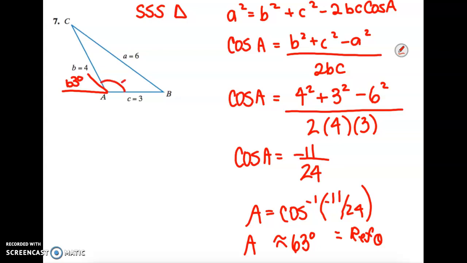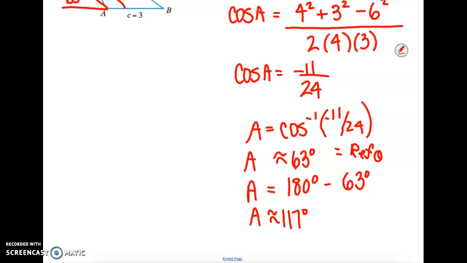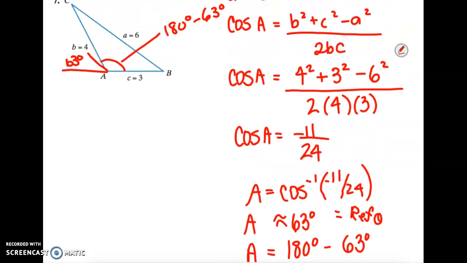We have to subtract 63 degrees from 180 degrees, which is 117. Okay, so angle A is 180 degrees minus that 63 degrees that we got in our calculator, our reference angle, which is 117 degrees. So go back up into your triangle and label that measurement.